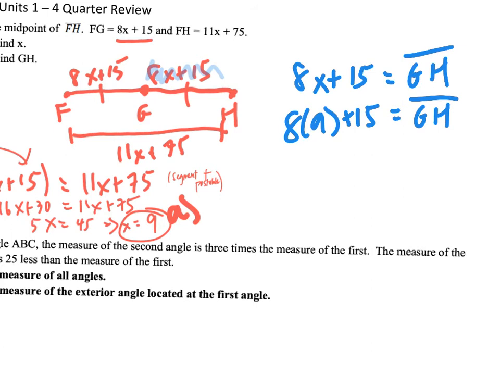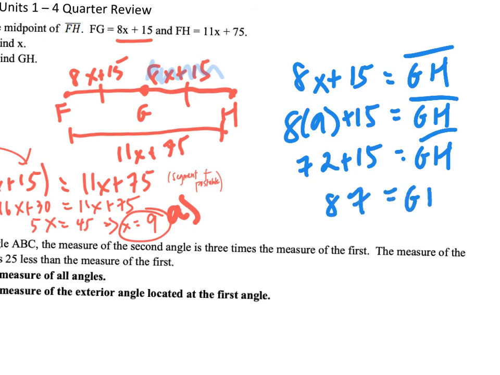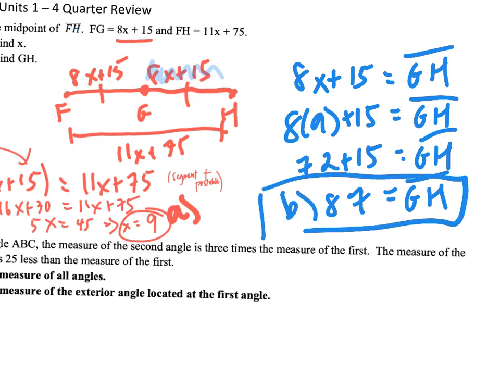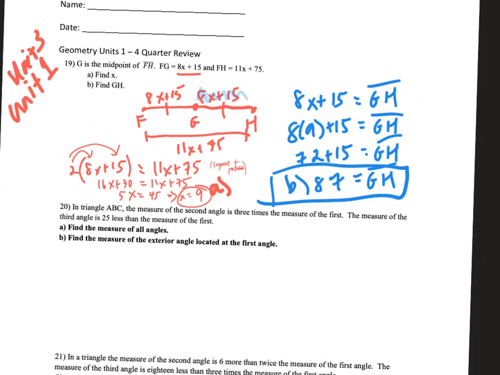That's 72 plus 15 equals GH. I'm going to add these together, which gives me 87 equals GH. This is part B, so let me label that. I'm going to box my answer so I know what to grade. So Unit 1 and Unit 3.